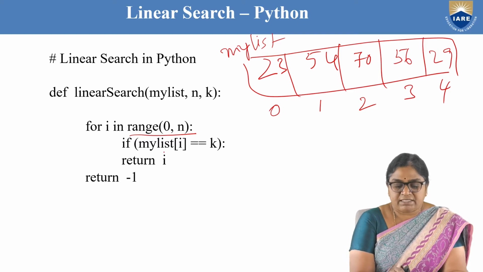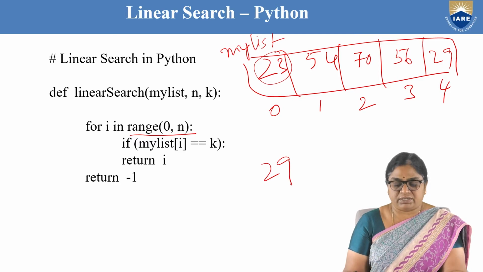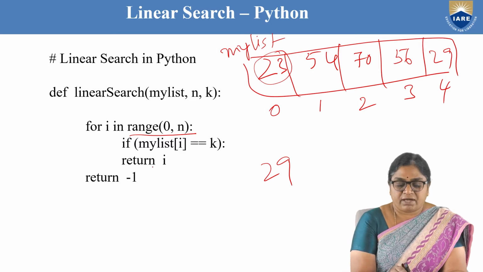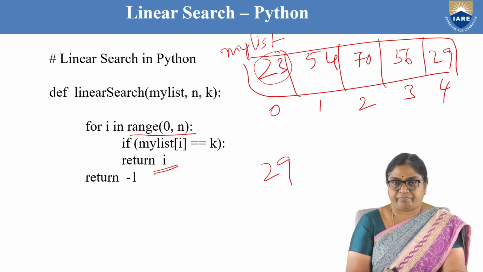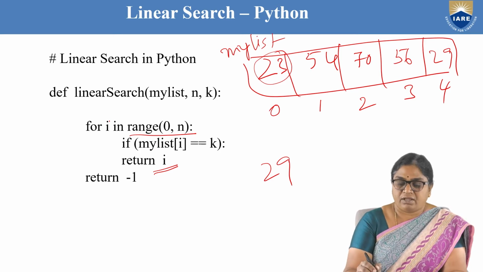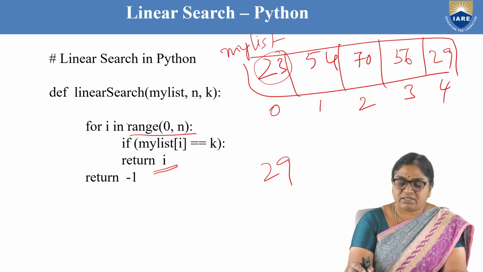So if my list of 0, that is 23, is equivalent to the key element k, that is 29, then we return the position i. Here the position is 0. Otherwise we will go with the next iteration. Here 23 is not equivalent to 29, so we go to the next iteration, where the i value will be 1 and my list of i will be 54.